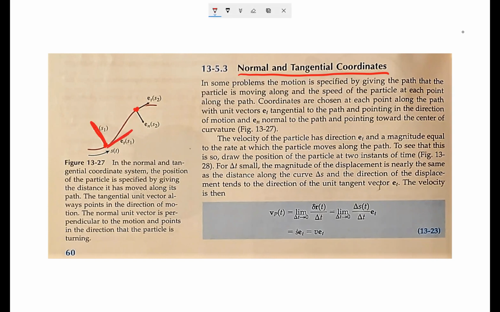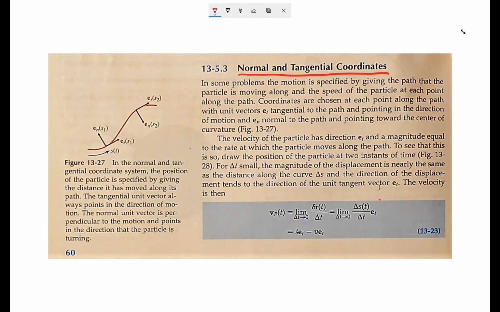If you do your derivation, which is the definition of a derivative, you will end up with this vector here that shows that the particle will be moving tangential to its path. And hopefully that is not shocking.